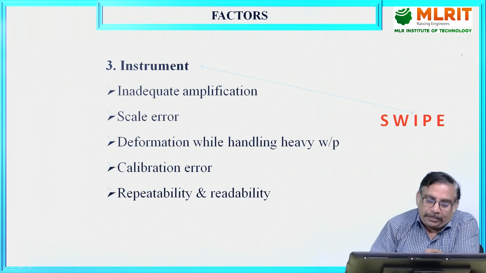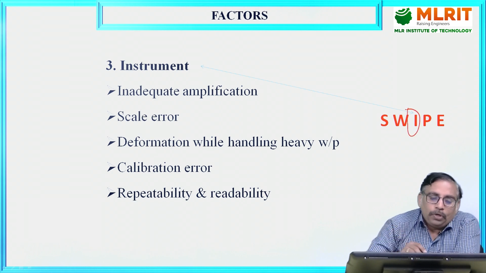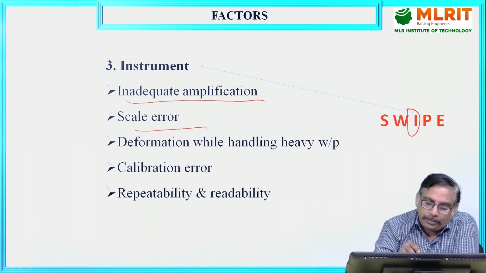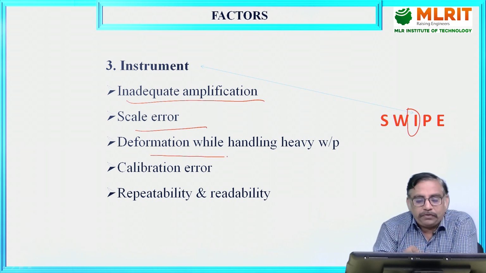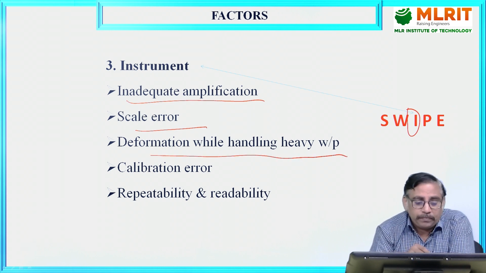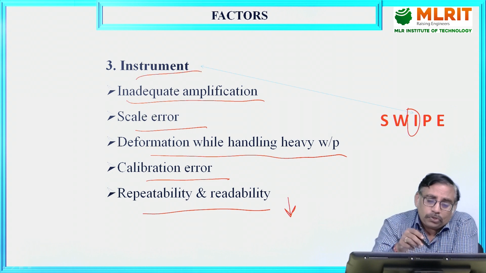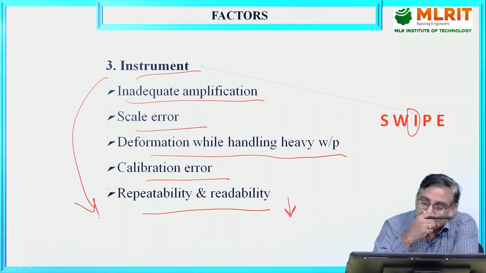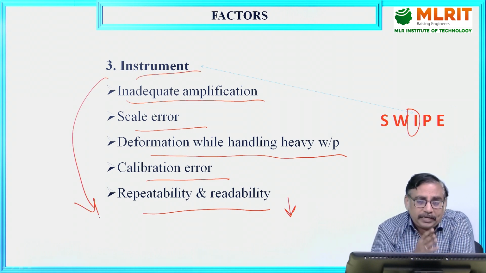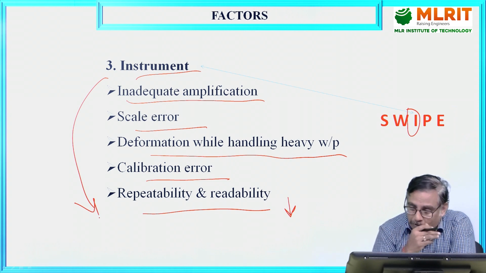Coming to instrument, that is I, it should not have inadequate amplification, scale error has to be eradicated, and there is deformation while handling heavy workpieces, calibration errors, and repeatability and readability have to be checked with the instrument. As I said, if you remember standards, right? Primary standard, secondary standard, and workshop standards.